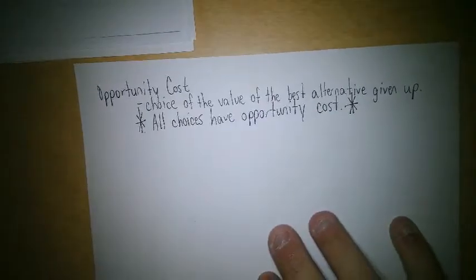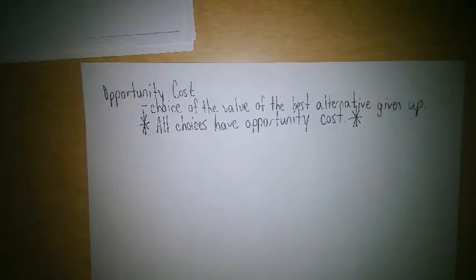And that will be that way forever and ever. You will always have to give up something in order to do something else. You may not think of it as having to give up something, but you always have to, okay?